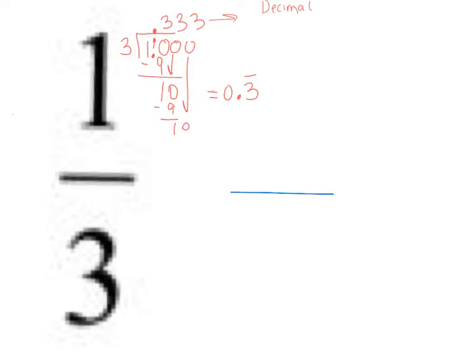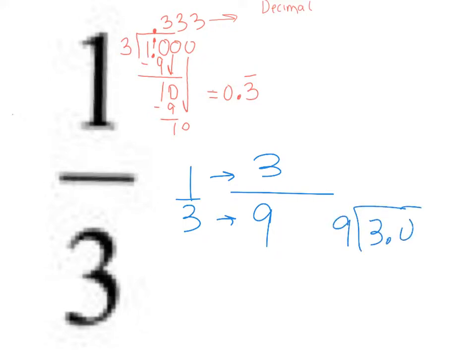If I changed 1/3 into 3/9, we know that those are equivalent fractions, right? And if I did 3 divided by 9, I would end up getting 9 goes into 30, 3 times with 27, remainder 3, keep going, and it repeats.